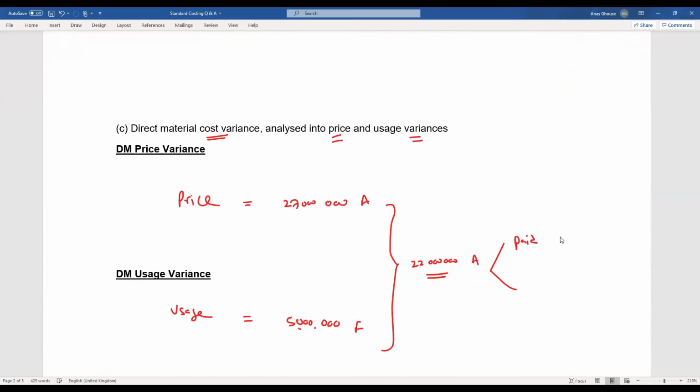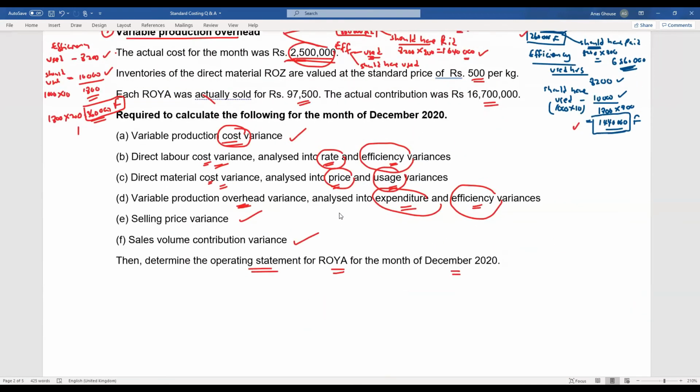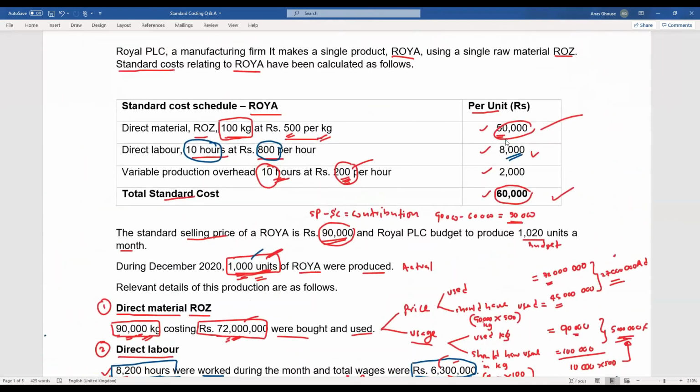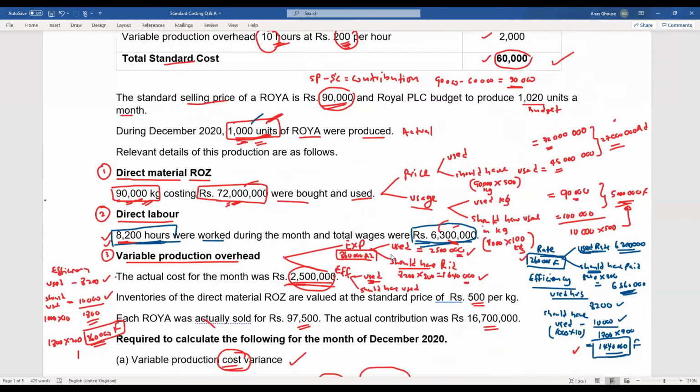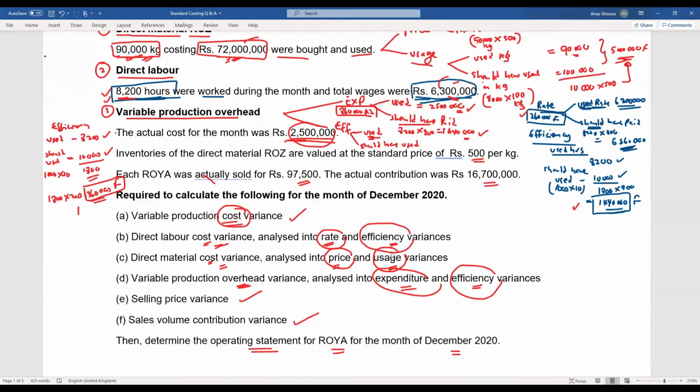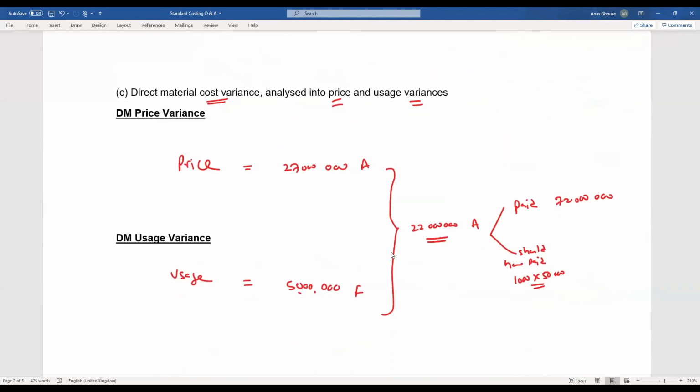We paid 72 million, but we should have paid 50 million.